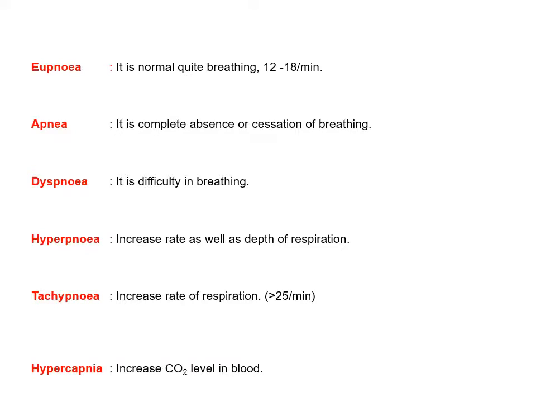Tachypnea is increased rate of respiration, which is more than 25. And hypercapnia is increased carbon dioxide level in the blood. So these are the few terms, and we should know what they mean.